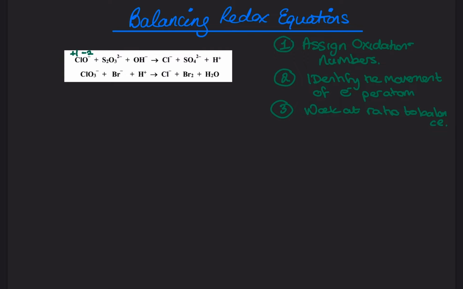The next one, this is still going to be -2, but I want to keep that -2 charge there. So for each one of those sulfurs, I'm going to give a charge of +2. So the sulfurs altogether will be +4, and the oxygens altogether will be -6, which will give you a leftover of -2.